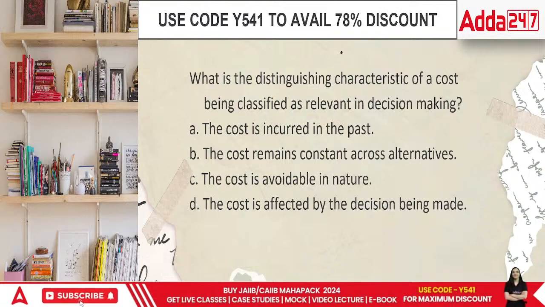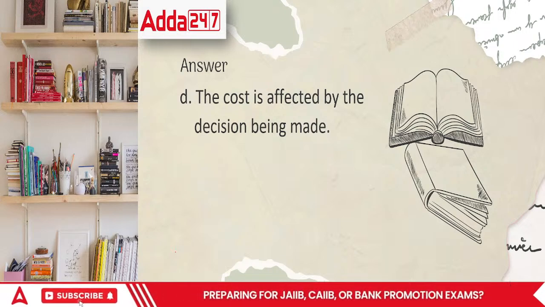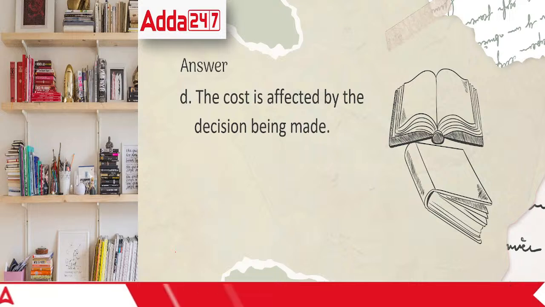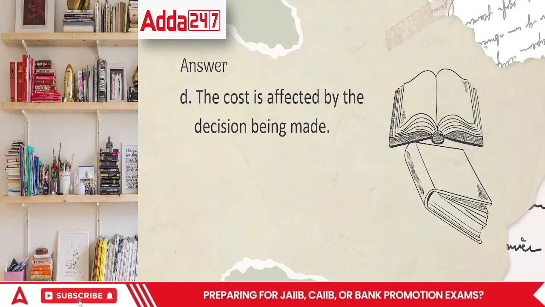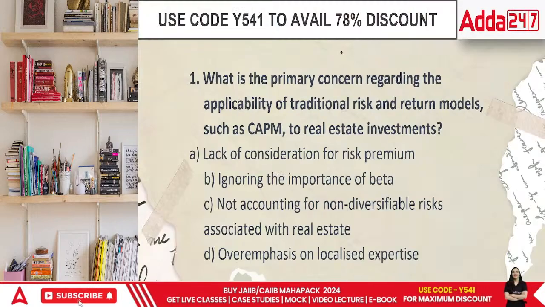What is the distinguishing factor? The distinguishing factor is that the cost is affected by the decision being made. Think about it: if I produce it or if I ask someone else to provide it to me, the cost will make a difference. The way of working will make a difference. So in this case, the cost is affected by the decision being made.